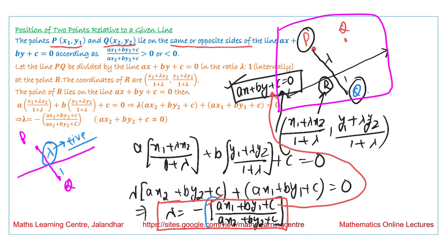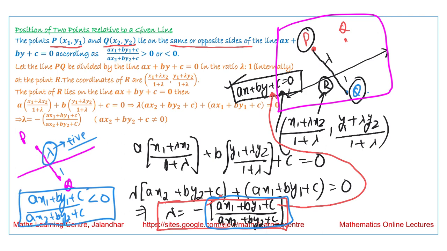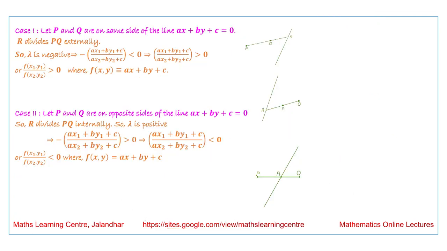For lambda to be positive, this value, (ax1 plus by1 plus c) divided by (ax2 plus by2 plus c), should be less than 0. This value should be negative. If this value is negative, then lambda is positive, and this gives us that P and Q lie on the opposite sides of this line. So this is the case discussed over here.